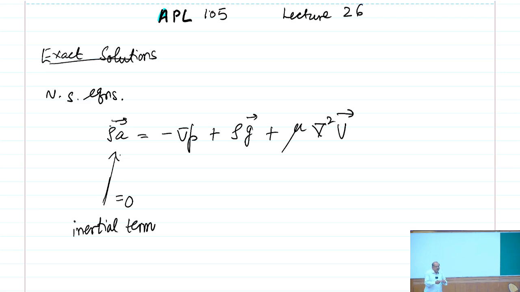Okay. But in any case, if you come across a flow where acceleration is not 0, then obviously one or more of the terms here will not be 0. For example, if we have a circular flow with circular streamlines, so there we know V theta is there.